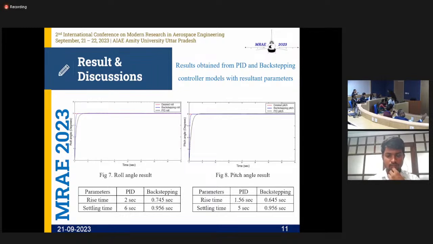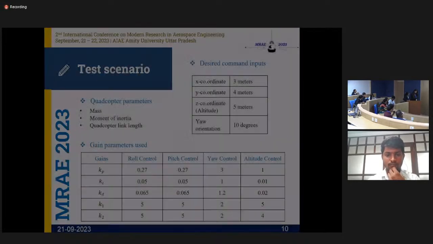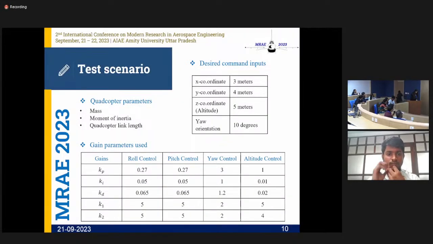Also, in the last minute of the presentation, you mentioned that mass, moment of inertia, and link length were taken as parameters to study the test. So does it hold good for other multi-copters, as you mentioned in the title?